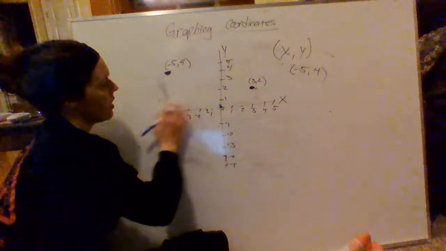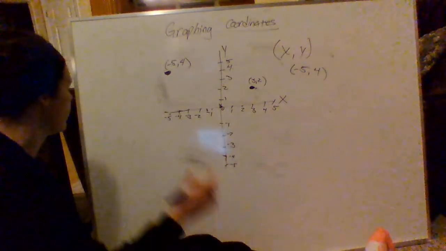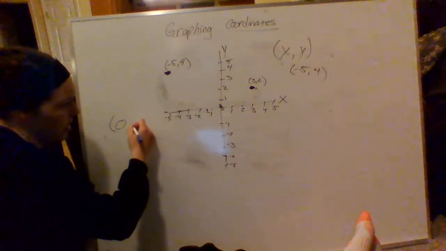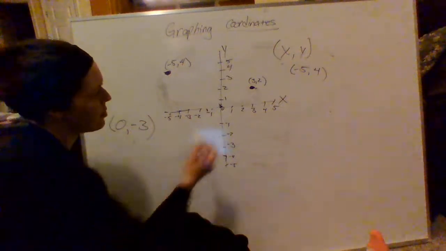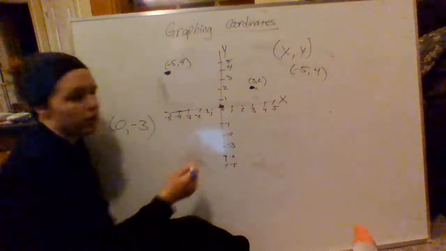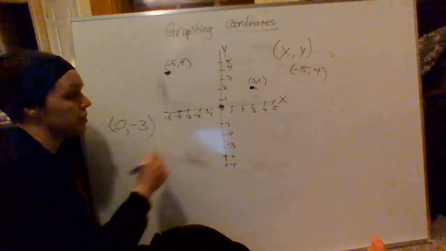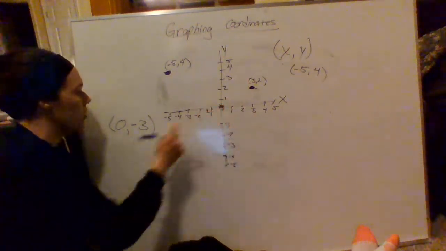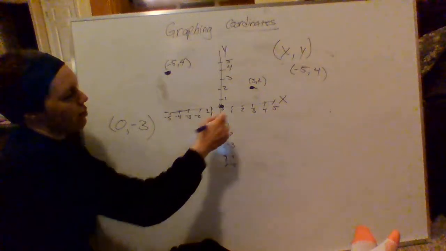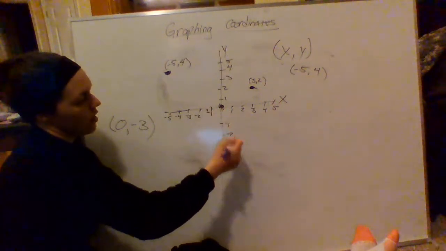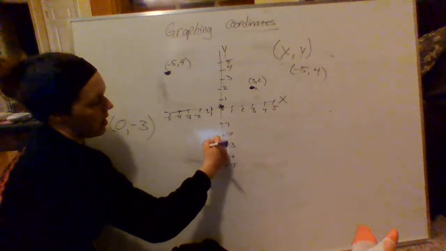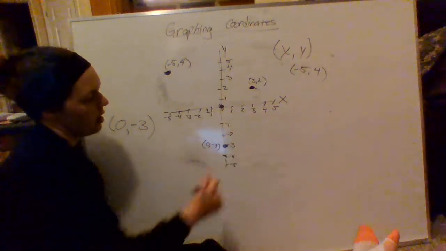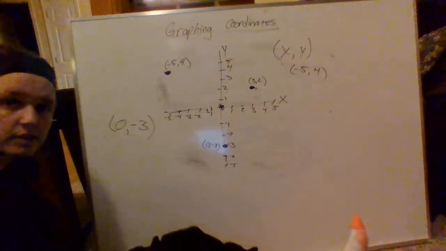Let's say the next one is 0, comma, -3. I'm starting at 0. The first number is 0, which means you don't move left or right anywhere. You stay at 0. And then it is -3, so that is down 3 spots. So I am on the y-axis.